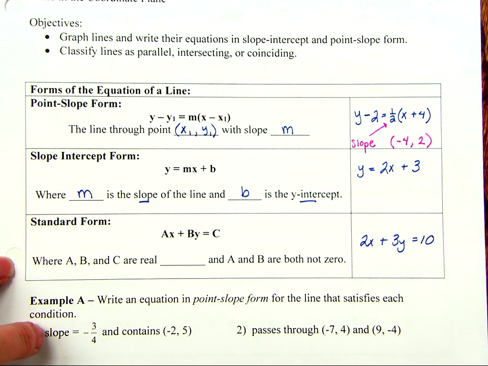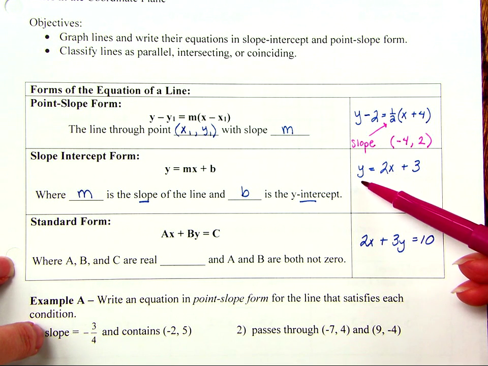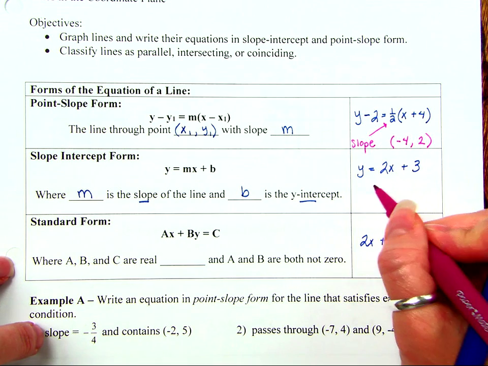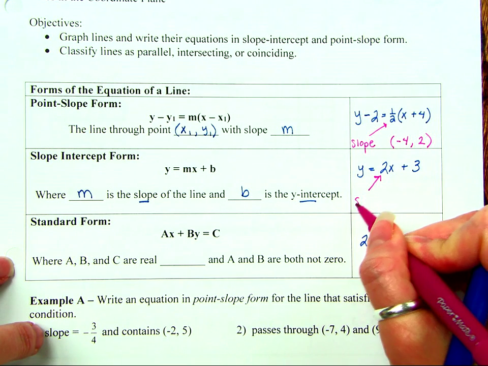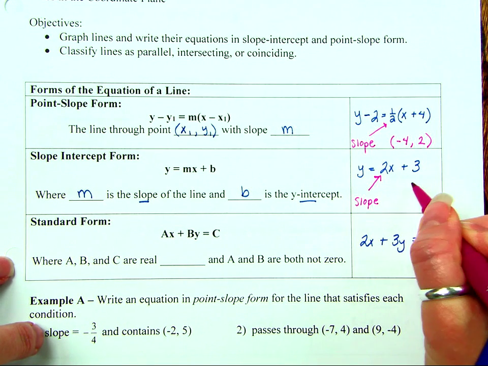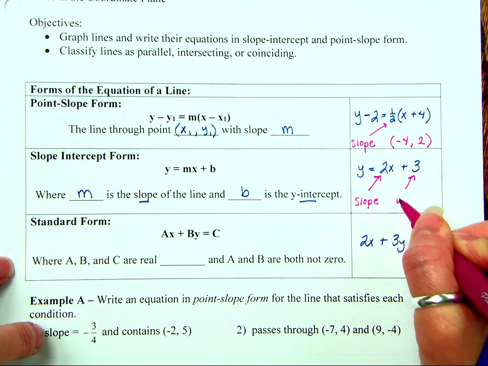Keeping in mind that the y-intercept is where we cross the y-axis. On the right-hand side, I have y equals 2x plus 3. It is written in slope-intercept form, where y is isolated. I can pretty quickly identify that my slope would be 2, and my y-intercept would be 3.